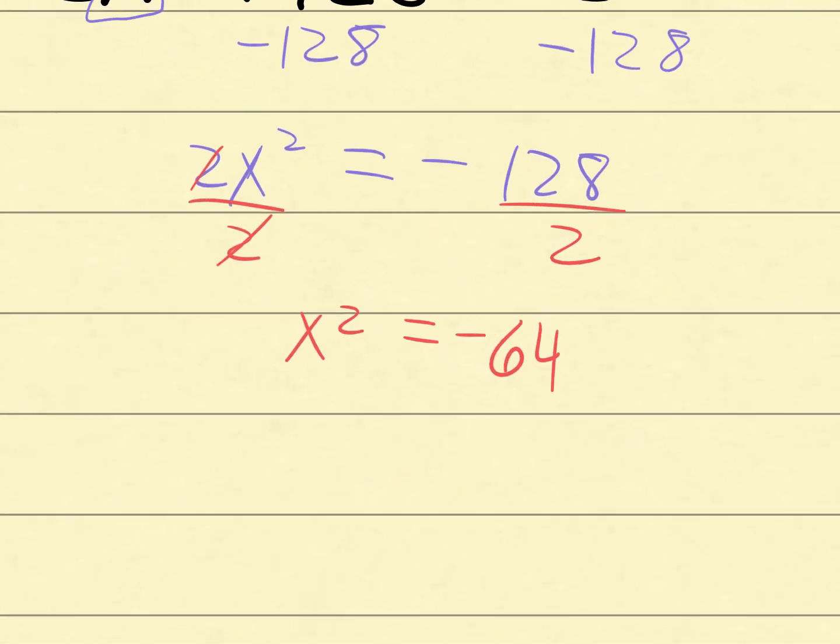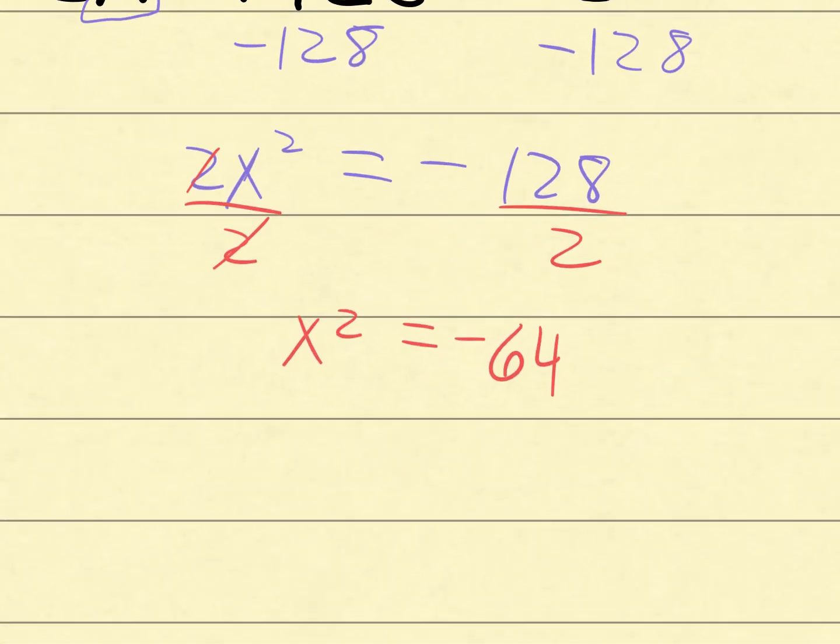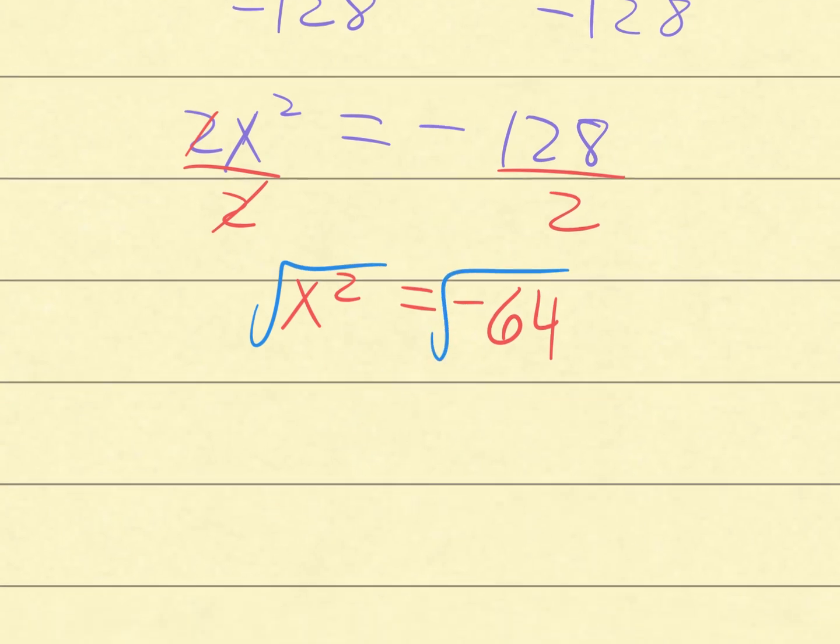I have a square on one side, a number on the other. We can do what to both sides? Square root. Good. Square root both sides. We get x equals, there's an issue here. What's under the radical? Okay, good. There's a negative under the radical. Keep in mind we have both sections 1.4 and 1.5.